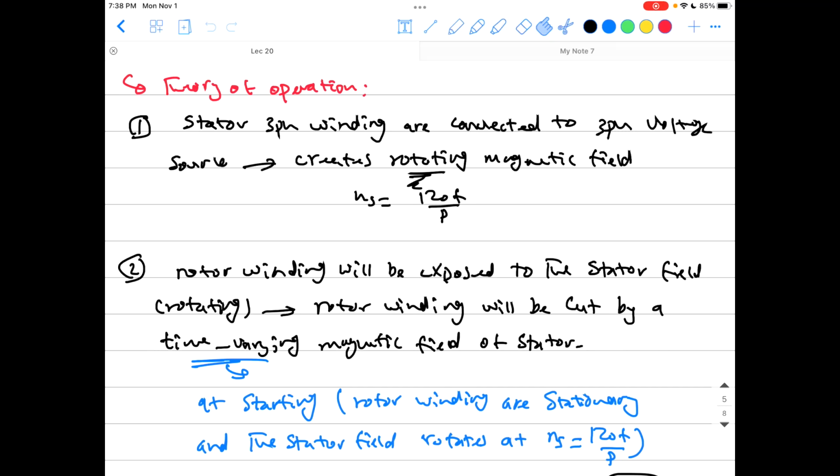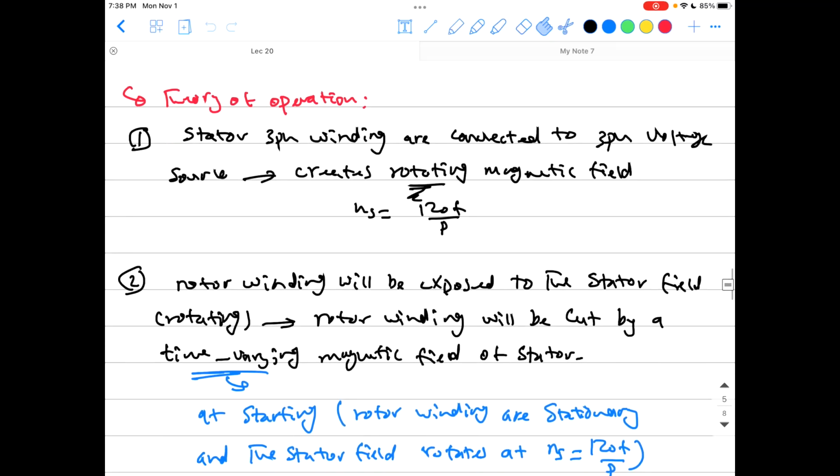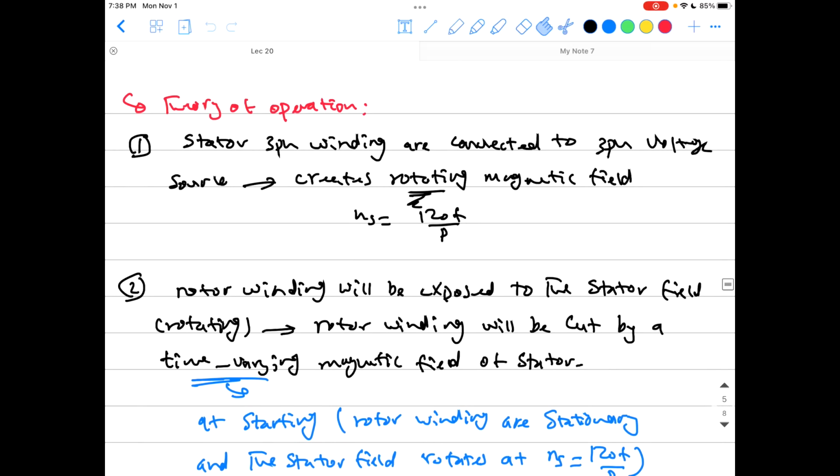So last time we started talking about the theory of operation. The most important thing to understand is how the machine actually works and develops torque to rotate its rotor along with any mechanical load attached to it. Like we said, how this machine works is like the stator and the rotor.